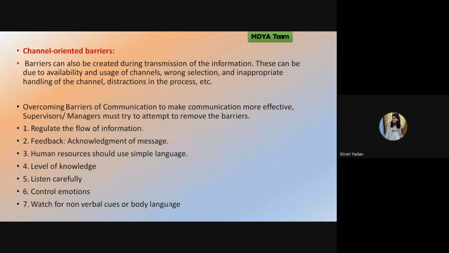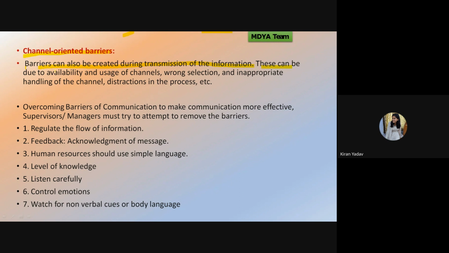And the next category is channel oriented. So any problem in the channel, any barrier created during transmission of the information, while the information is being transmitted, will be a channel oriented barrier.